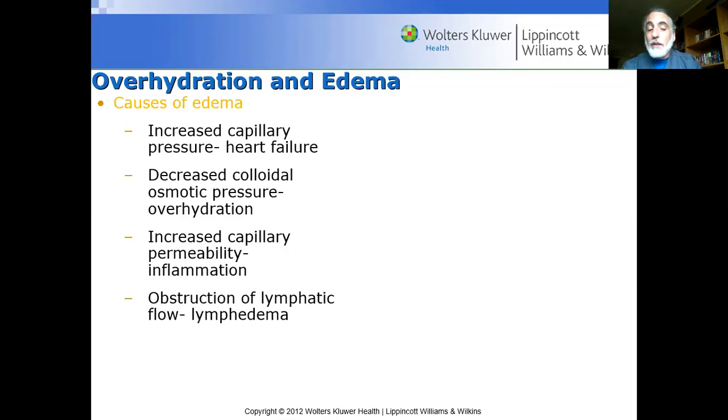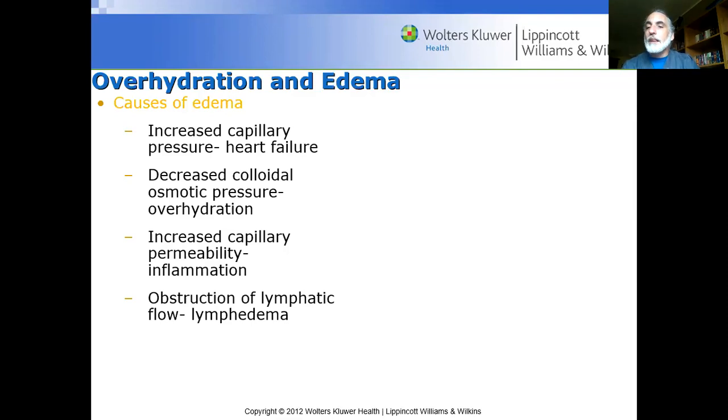Another thing that can happen, though we're seeing it less and less in surgical patients, is in mastectomy patients, where a breast was removed, and they also took the lymph node, and that disturbed the lymphatic system.